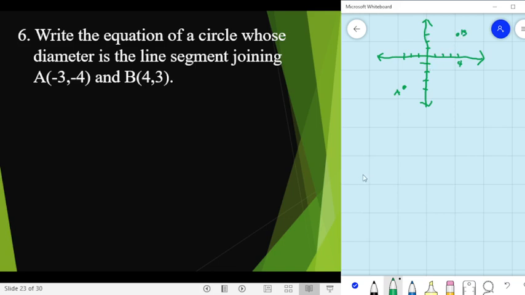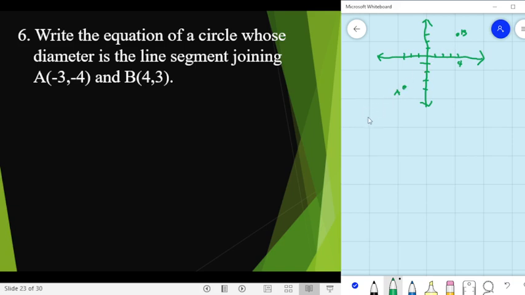Okay? So now we find the center. We need to solve the center by using the midpoint formula.